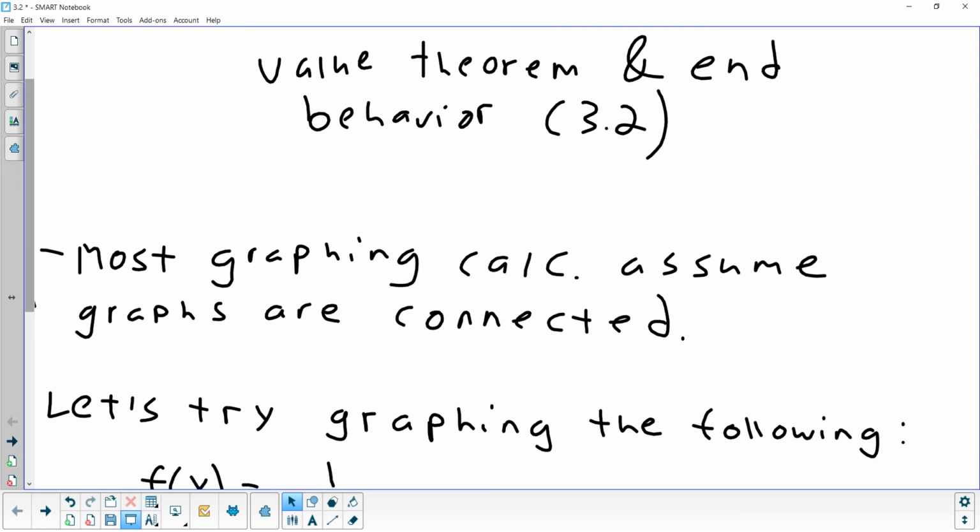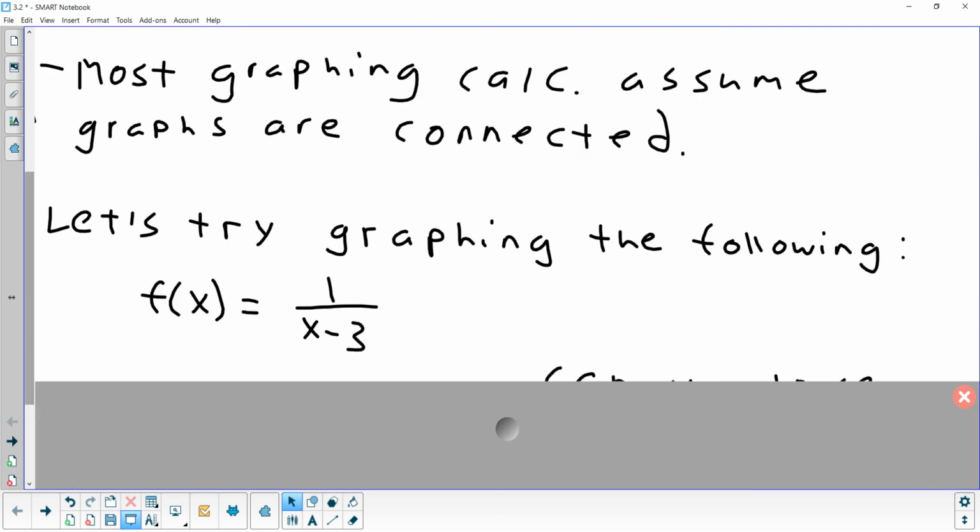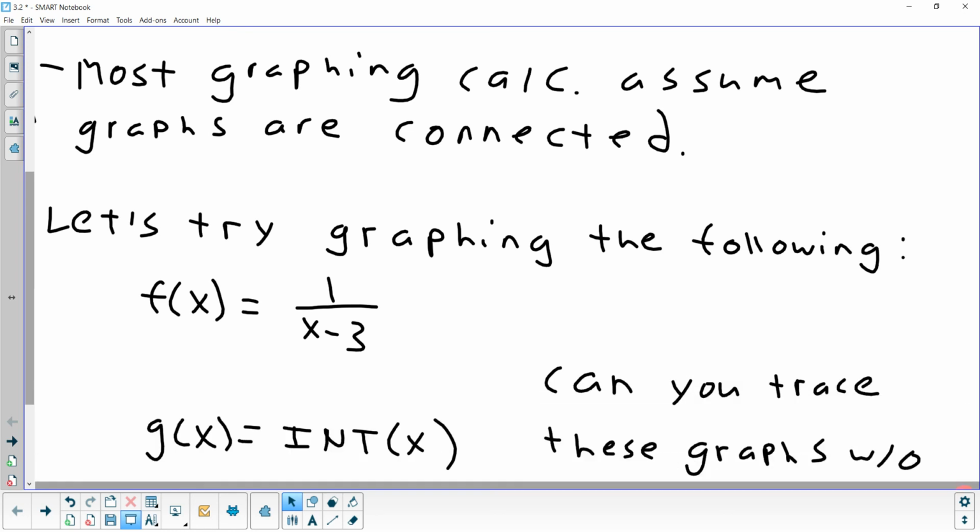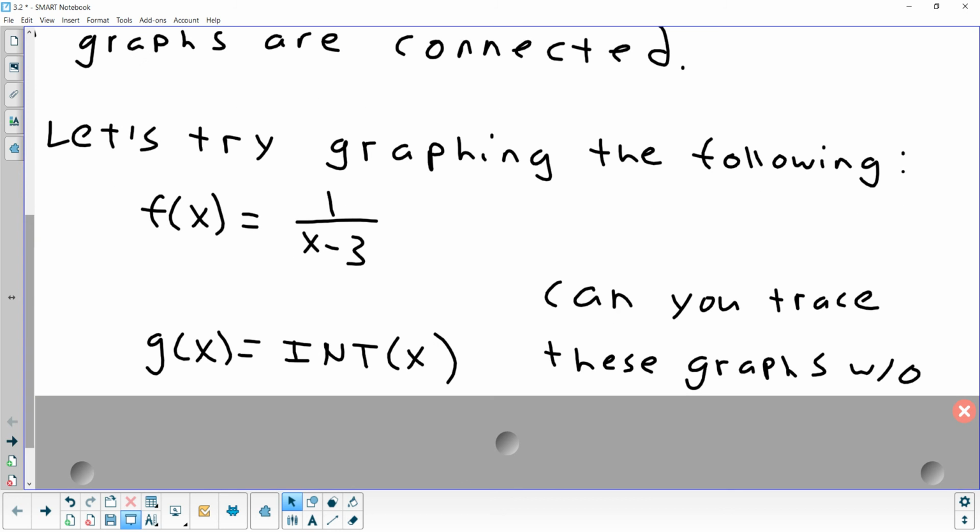So I'm not going to graph this one. I just graphed something almost exactly like that. But you can see what happens when you divide by 0. You can get this weird connection that your graphing calculator wants to make that shouldn't be there. Now, we graphed this one and we graphed this one.